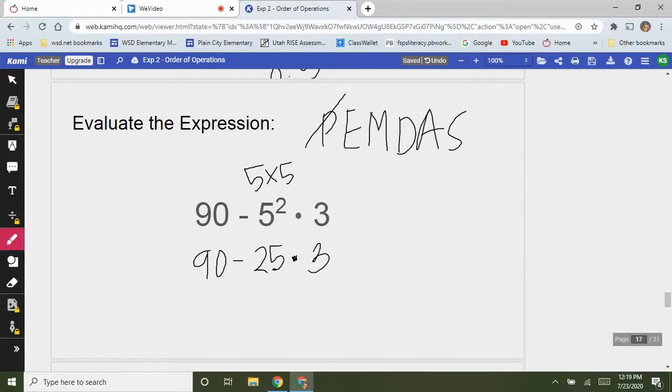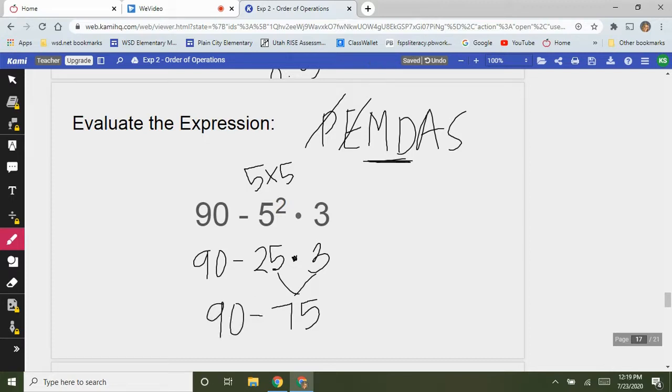Any other exponents now? Nope. What about multiply and divide? Yes, right here. Now, I like multiplying by 25 because I think of money, right? 25 cents is a quarter, and if I have 3 quarters, I have 75 cents. Bring down what I haven't used.